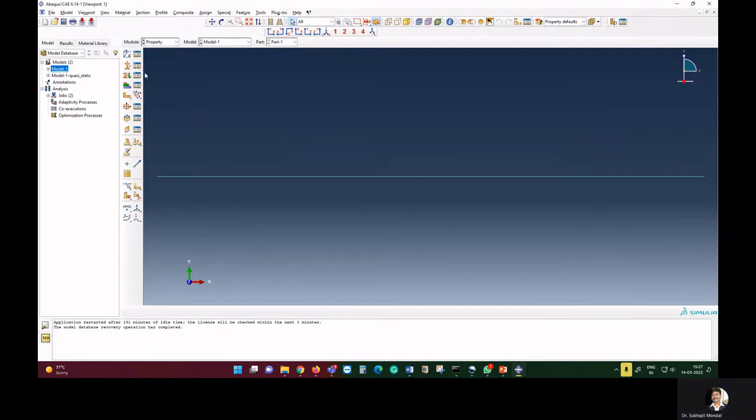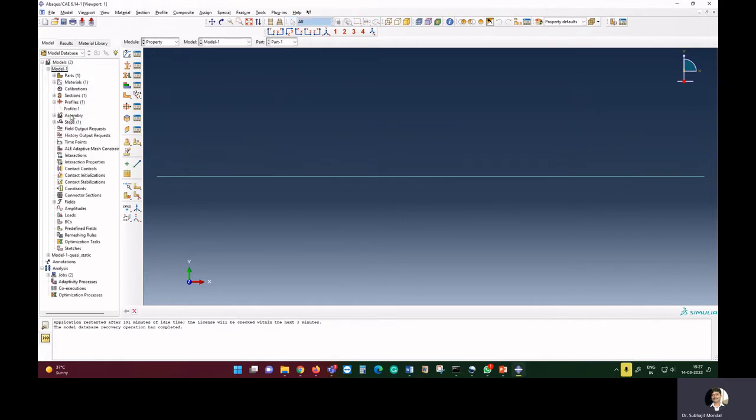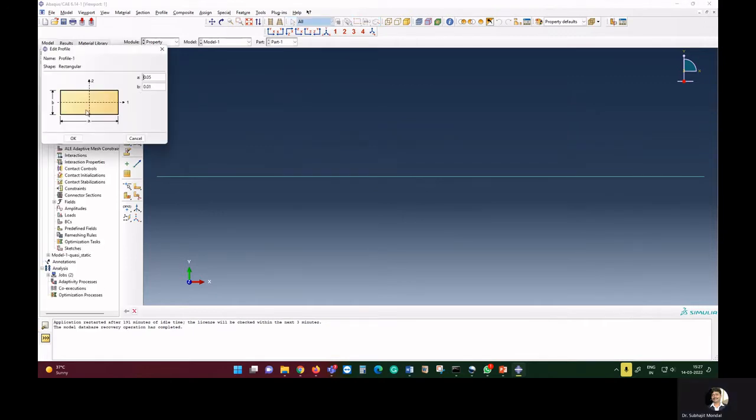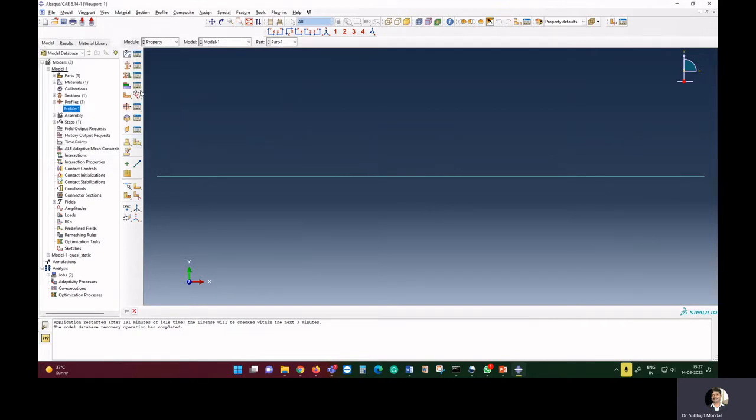And here define a cross section. If you see from the file, we have defined the width 15 and depth 10 mm. Thereafter we have assigned it.